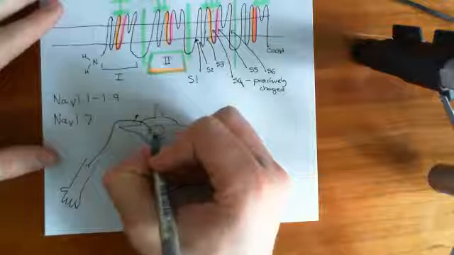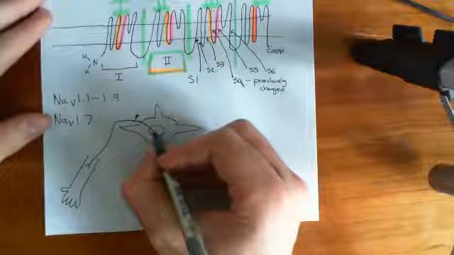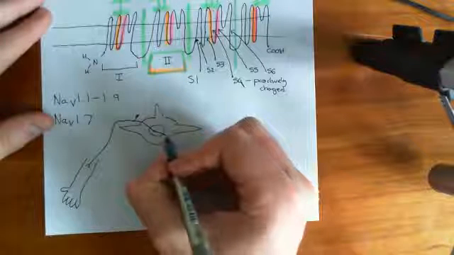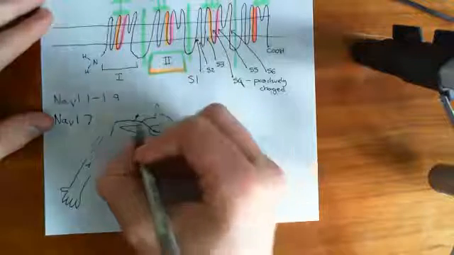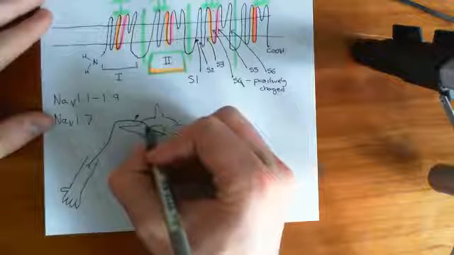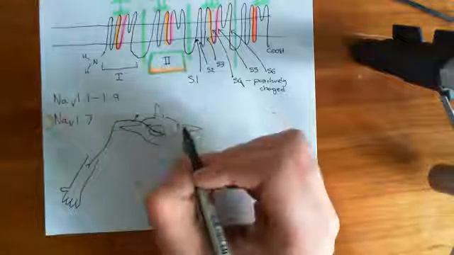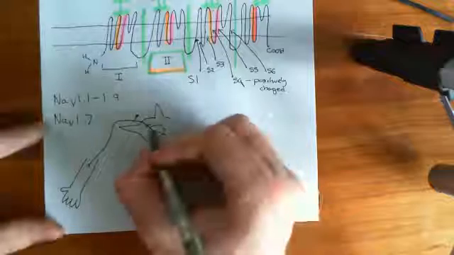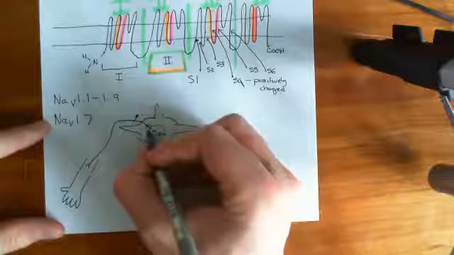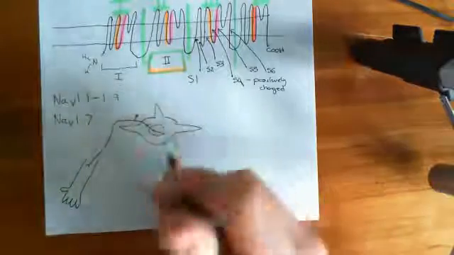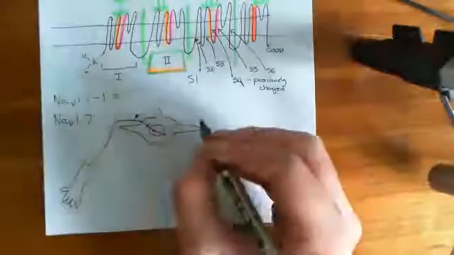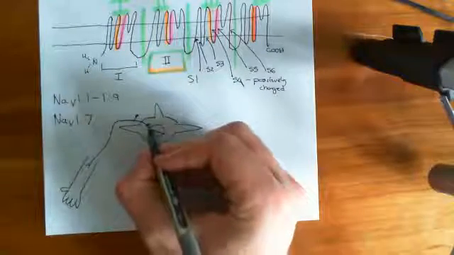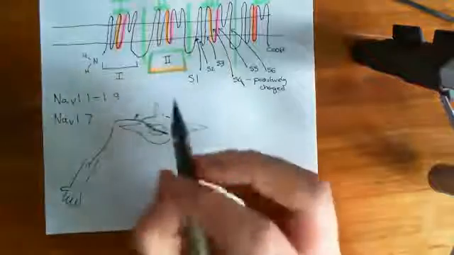Then they send their message on, and it synapses first in the substantia gelatinosa, a certain Rexed lamina, I can't remember which one, down here, and then another neuron carries it up to the brain.